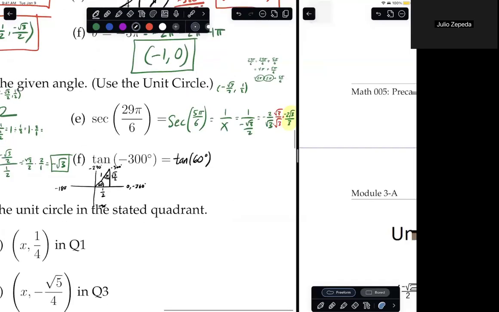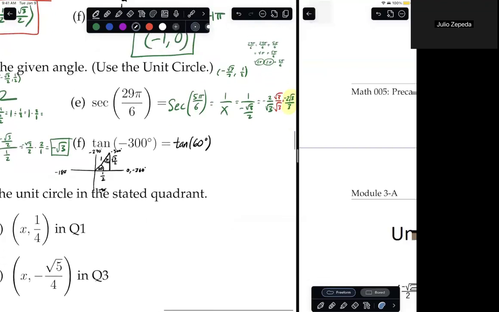So let me just say that one more time. If theta is equal to negative 300 degrees, we graphed it, then we found out that the reference angle, which I'll call theta with the subscript r, is 60 degrees.